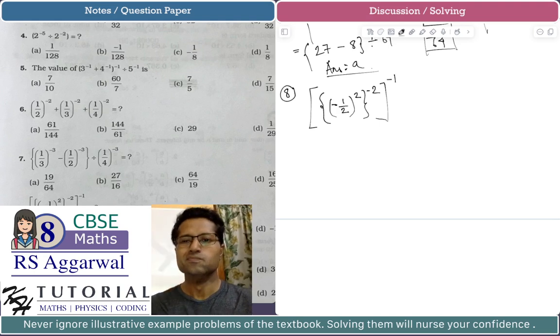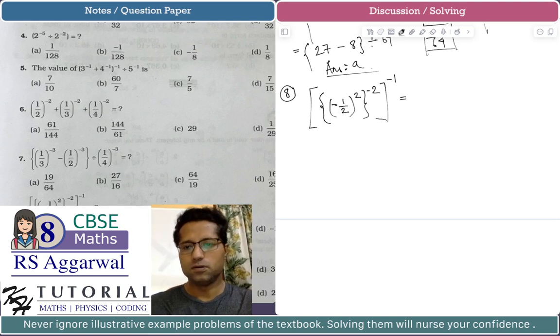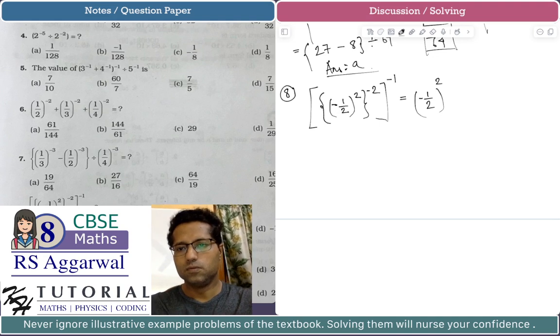It is very simple. I will take the product of the powers: the base is the rational number minus 1/2, the base will remain the same, and the power will be the product of all the powers, that is 2 multiplied by minus 2 multiplied by minus 1.